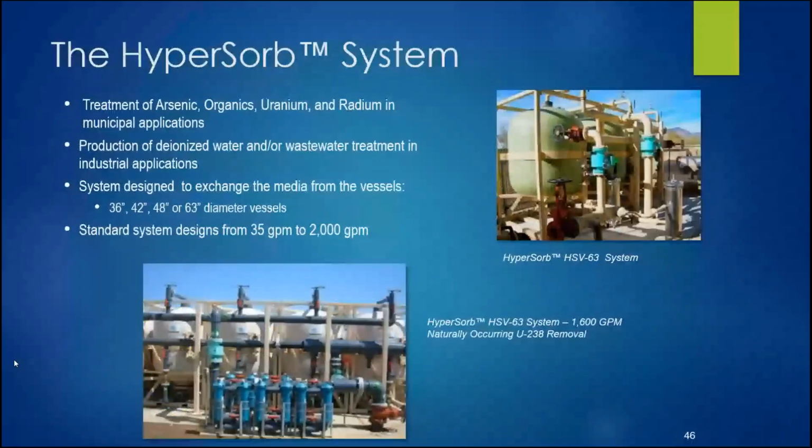The Hypersorb system, as I described earlier, is when the resin is transferred to a transportation vessel, or it is put into super sacks so that it can be regenerated off-site. We have various designs and system configurations up to 63-inch diameter tanks for this type of service.